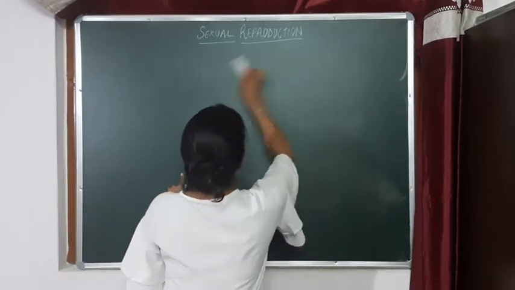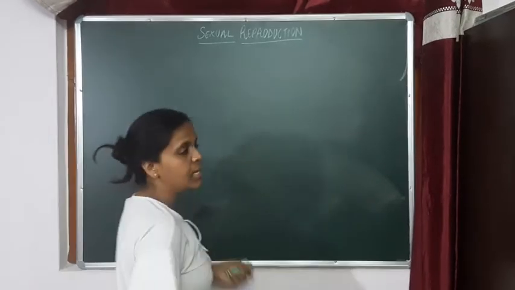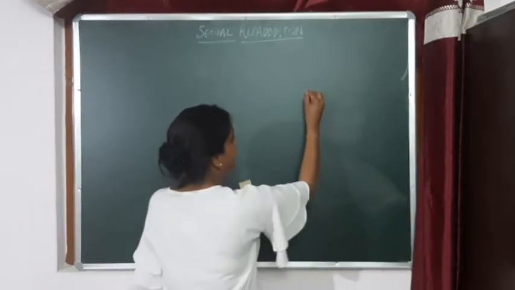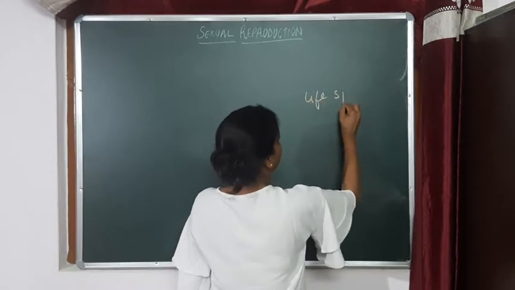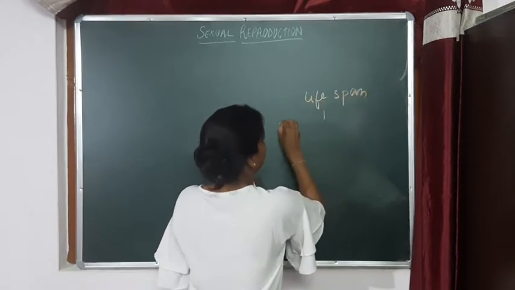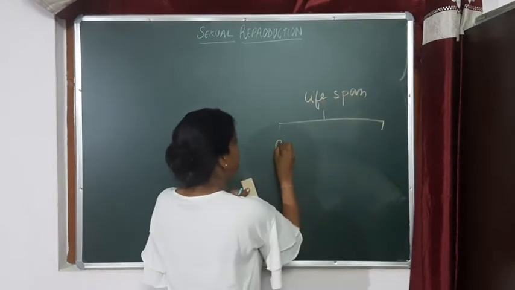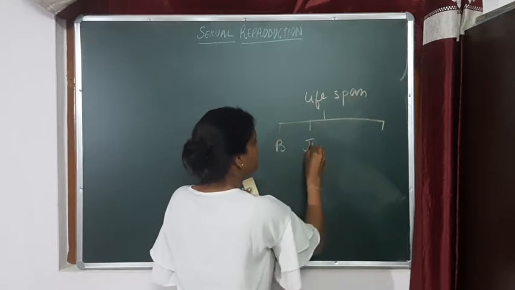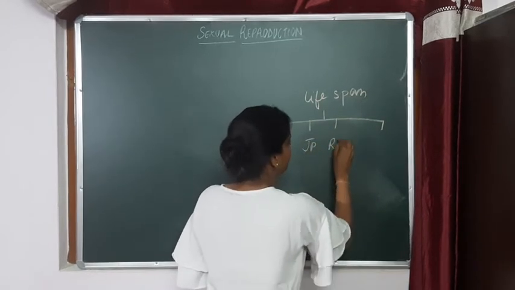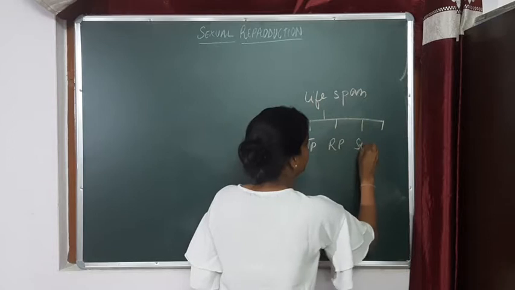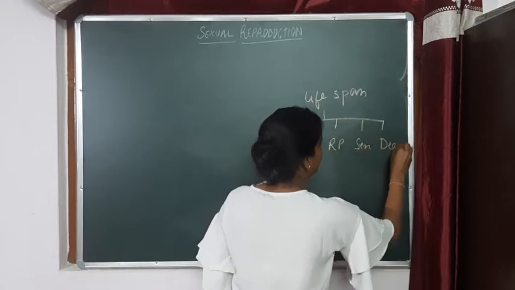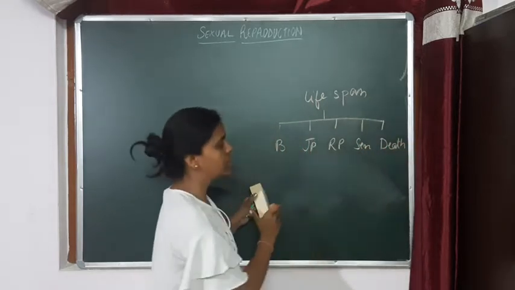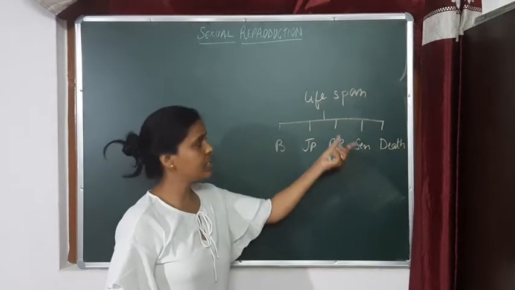Now, in my previous video, I told you something about lifespan. In lifespan, we discussed certain phases, and those were the birth, the juvenile phase, the reproductive phase, the senescence, and the death. These were the phases which we discussed in lifespan.